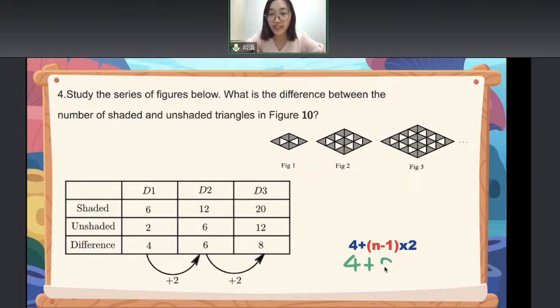So here you will get 9, and then times 2. Again, where should we calculate first? Yes, when there is addition and multiplication, you need to start from the multiplication part. So 9 times 2, we can get 18. 18 plus 4, the final answer should be? Yes, should be 22. Okay?